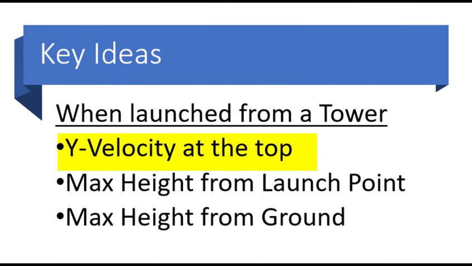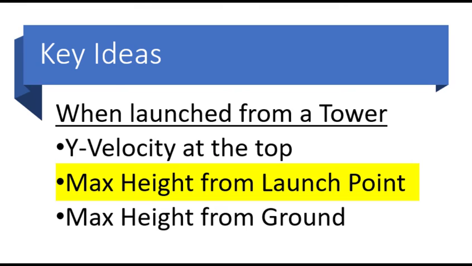To compute the maximum height from the ground, we make use of the concept that at the very top of the flight, the y component of velocity of the projectile would be 0. And from here, we obtain the time it would take to get to the topmost position using the first equation of motion.